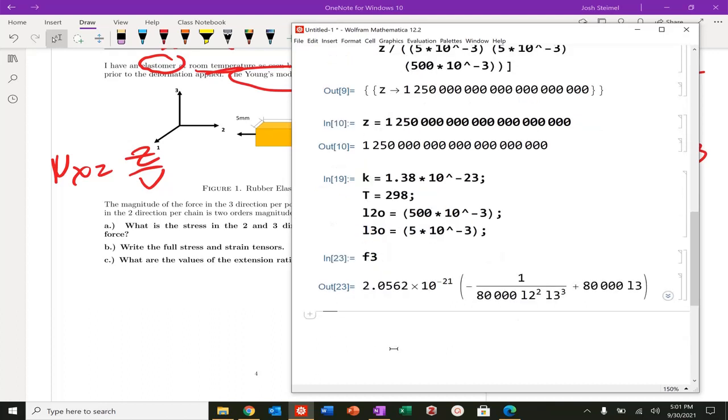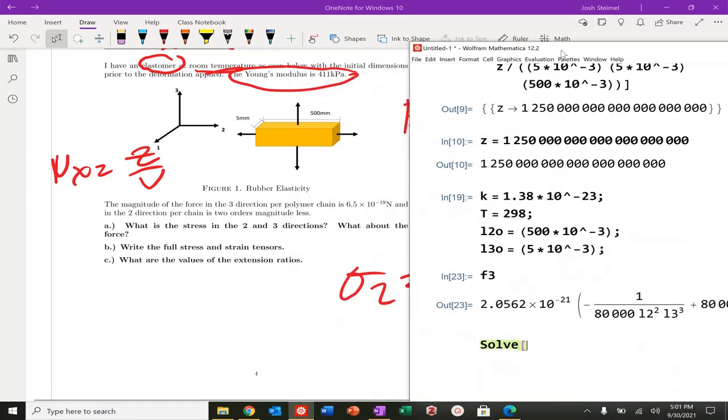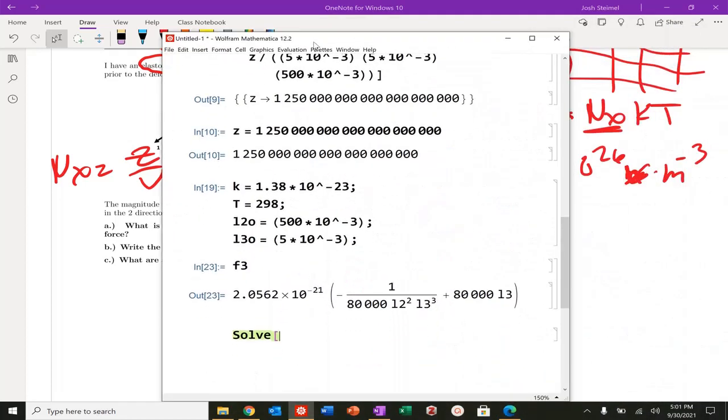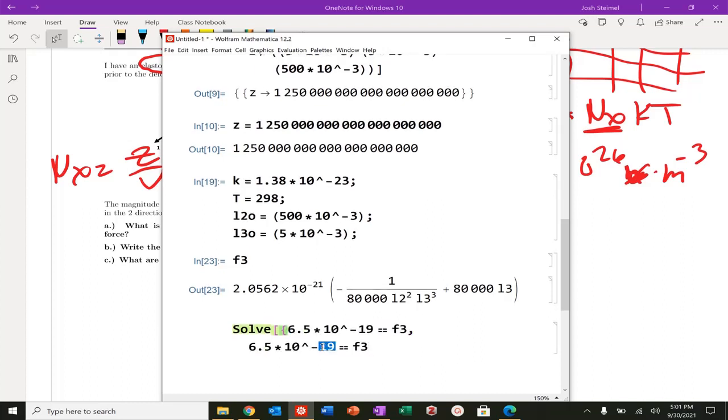So now we're just left with L2s and L3s. I need to solve, and we said that our force in the 3 direction was 6.5 times 10 to the minus 19. Set that equal to F sub 3. We're also told that in the 2 direction it's 2 orders of magnitude less, so minus 21, and that's F sub 2.